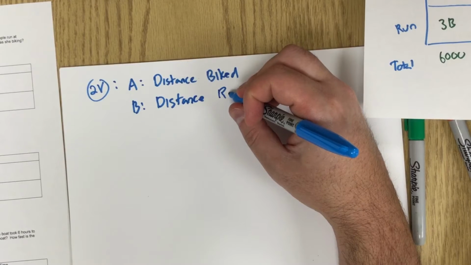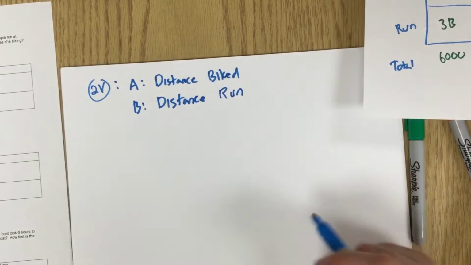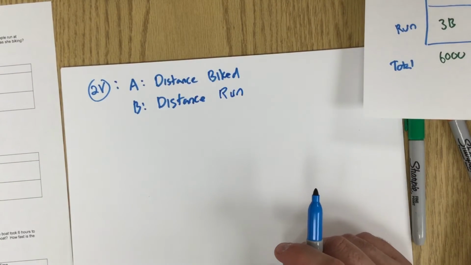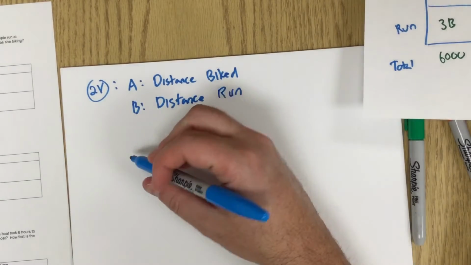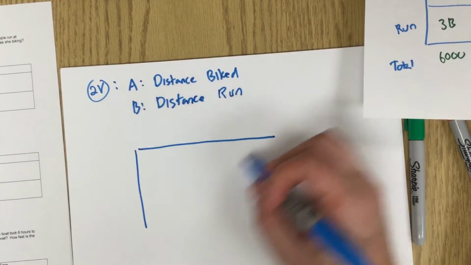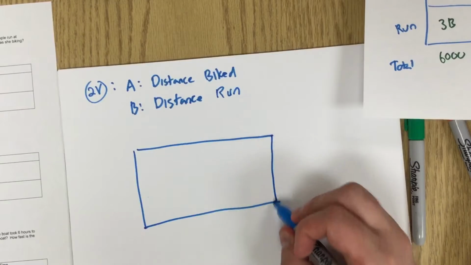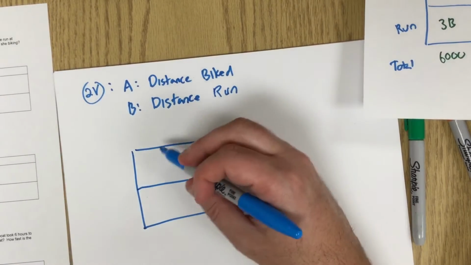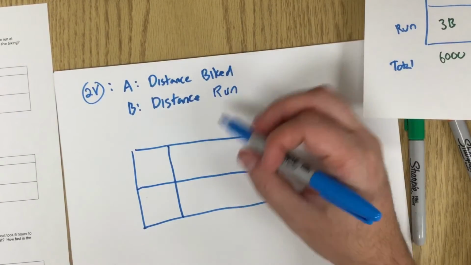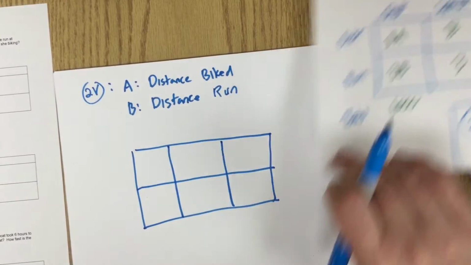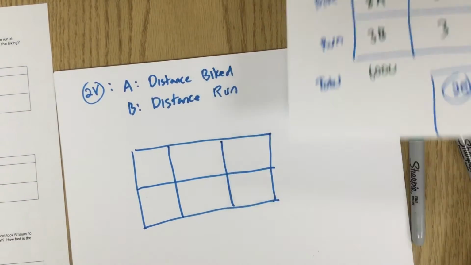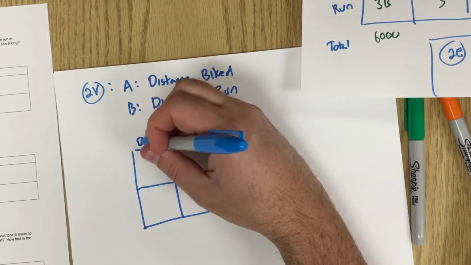Either way. So now we're going to make our table again, but it's going to be different this time, because we've changed the definition of the variables, which is why it's really important when you're defining the variables. If you just said the variable was bike and run, do you mean distance or do you mean time? And it's going to make a difference. So you have to be pretty specific.